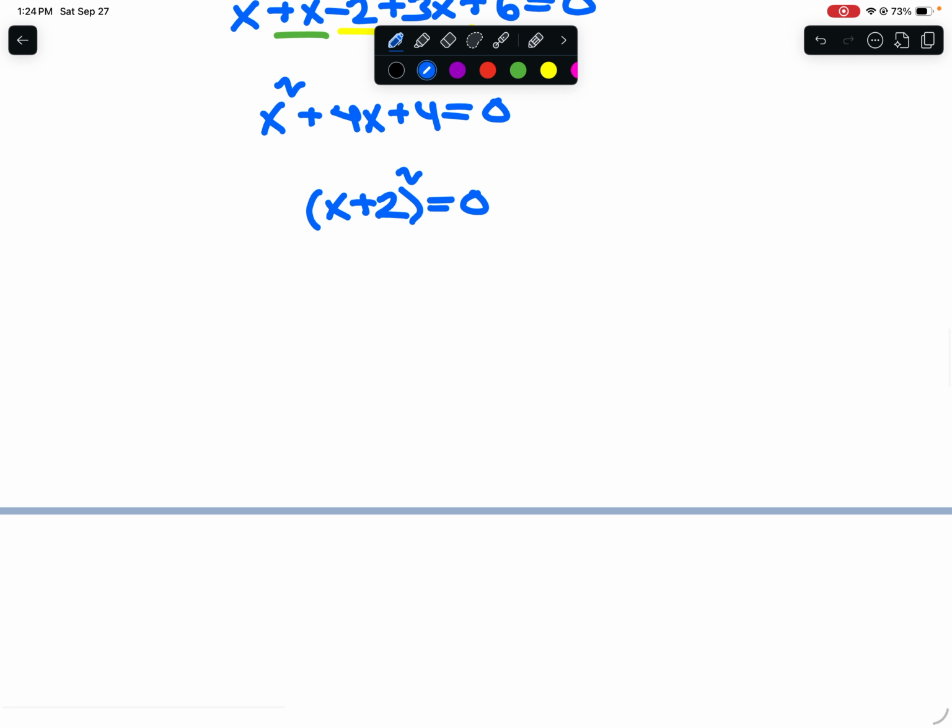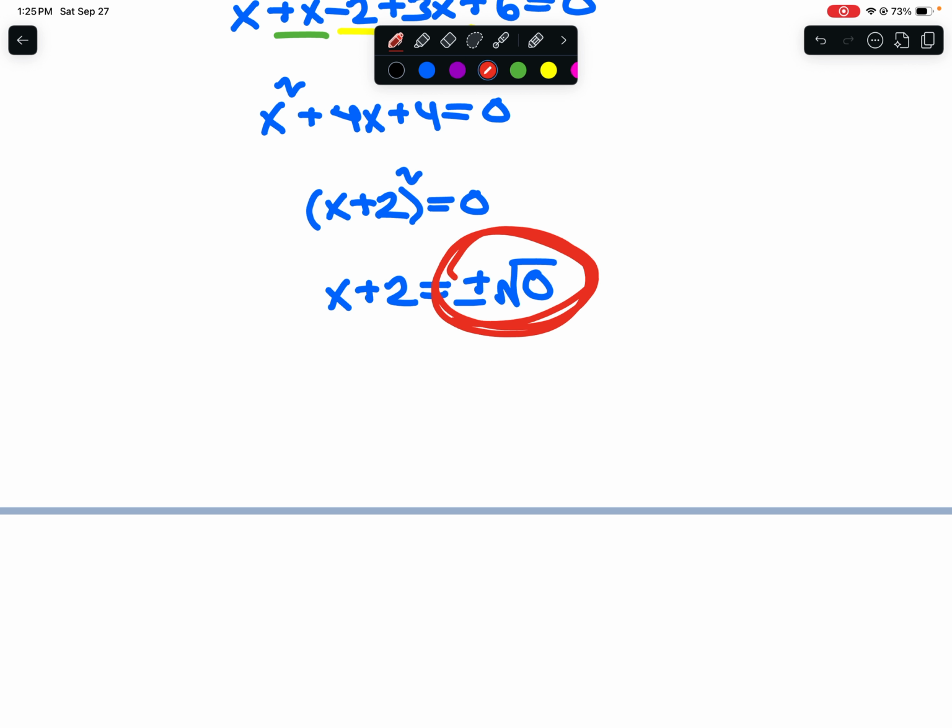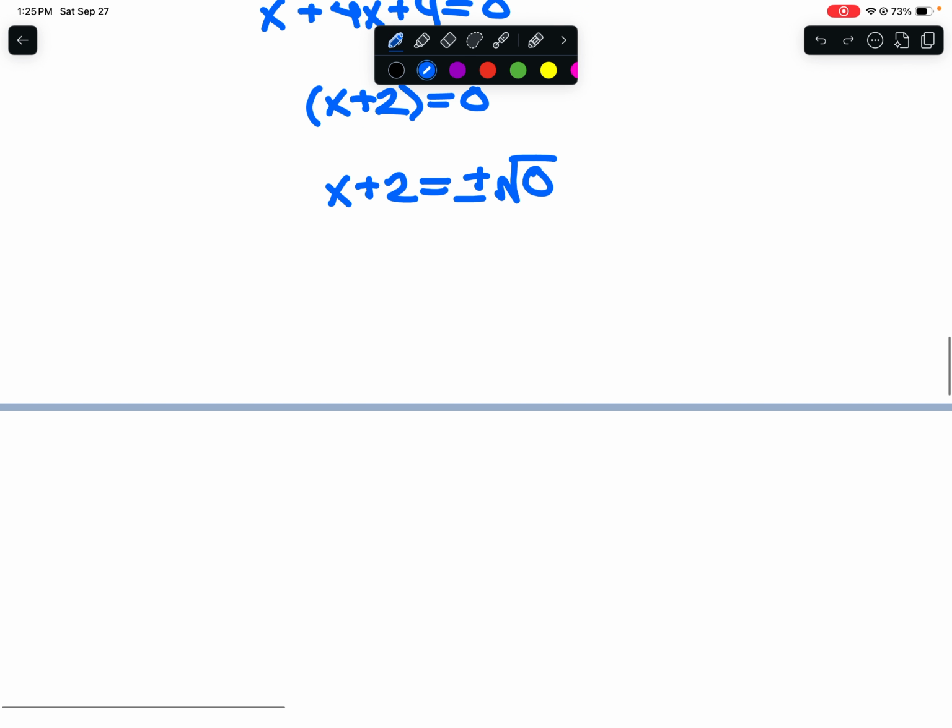And then when you get here, I'm going to take the square root of both sides, so I will get x plus 2 equals plus or minus the square root of 0. Now, if you were to get another value other than 0 here, you would need to double check both solutions. So you could potentially get two solutions here. So that's just going to be x plus 2, which is going to equal 0. So I get an x value of negative 2.